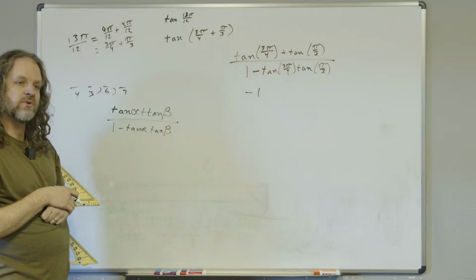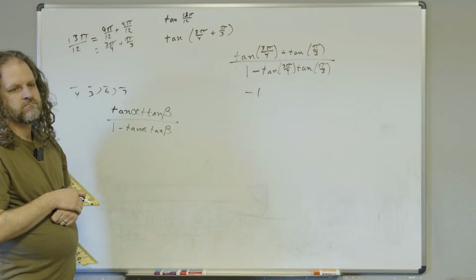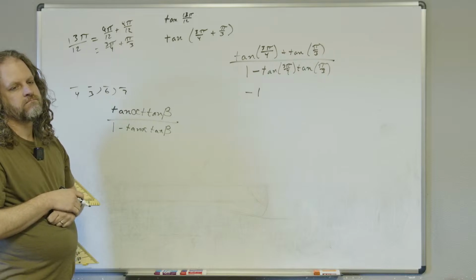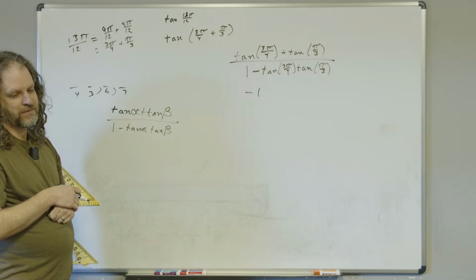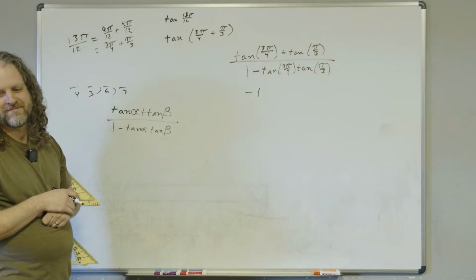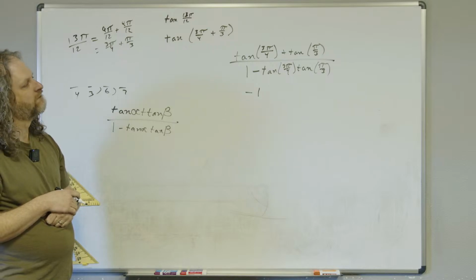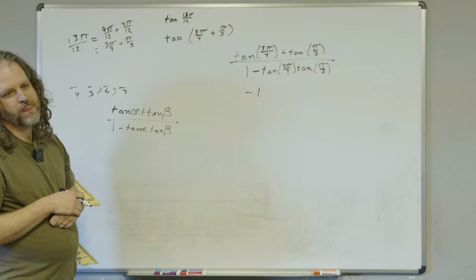Tangent of pi over 4 is 1. It always has been. Look it up in the book or your notes. It's definitely 1. That's okay. I put 1/2 too. Makes sense that it's 1.